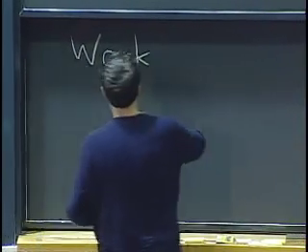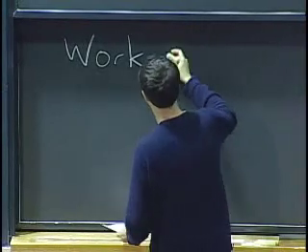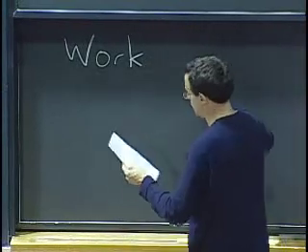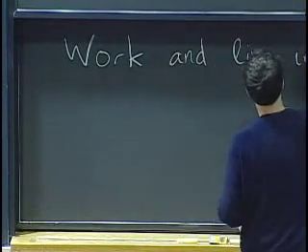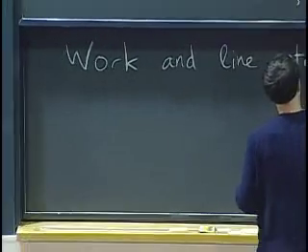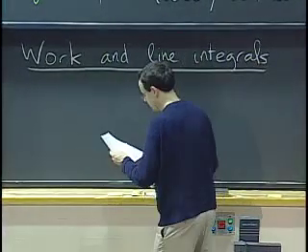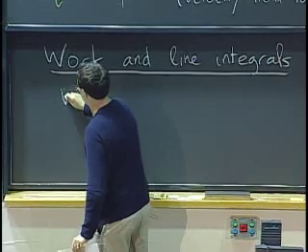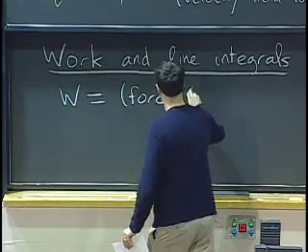So the first thing we'll do is learn how to compute the work done by a vector field. And mathematically, that's called a line integral. Okay, so physically, remember, the work done by a force is the force times the distance.